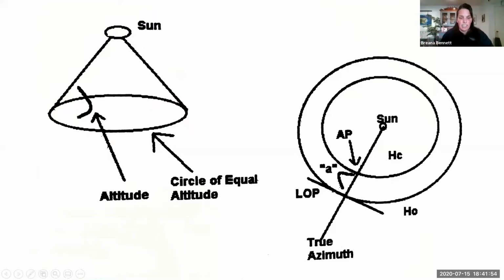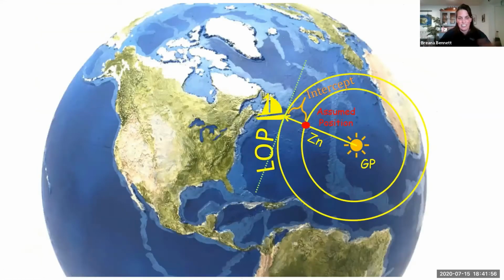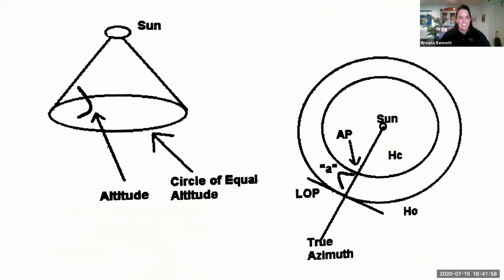So I tried to create this in a fancy way, but this is what I was going from, a very simplified version of it. You know, the sun, circle of equal altitude, and what we're measuring is altitude. That's how we get our position. We create an assumed position, calculate the intercept.